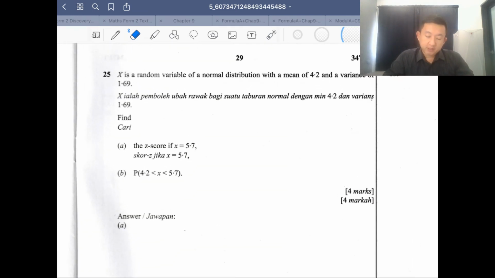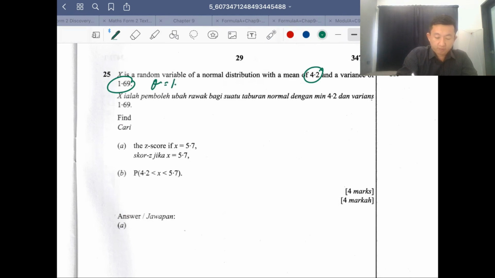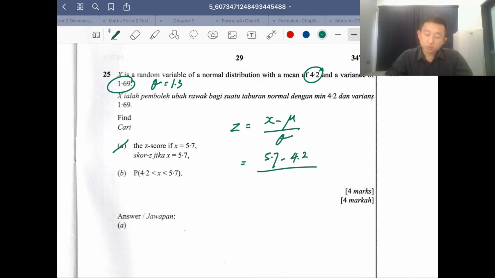25. X is a random variable, normally distributed with a mean of 4.2 and a variance of 1.69, meaning the standard deviation is 1.3. Find the probability. So you have to change the x value to a z-score, if you still remember the formula. x is 5.7, the mean mu is 4.2, and 1.3 for the standard deviation.